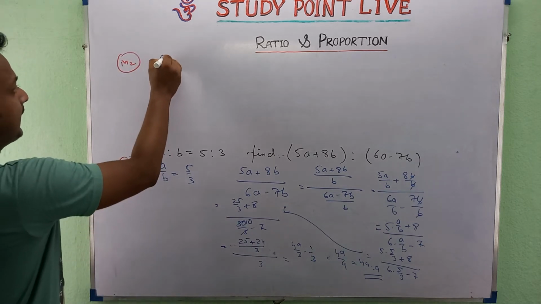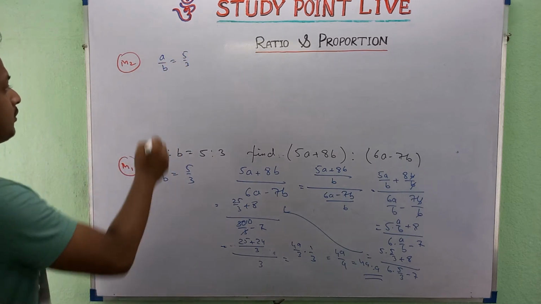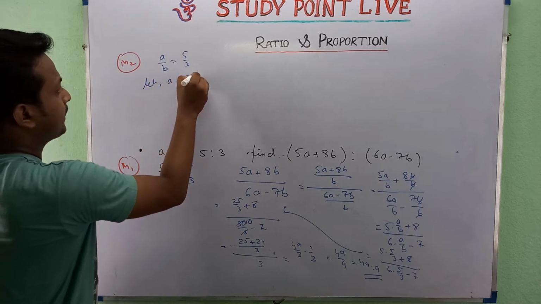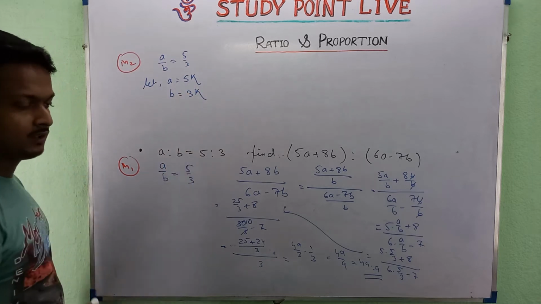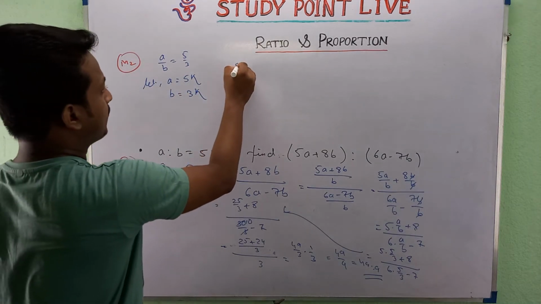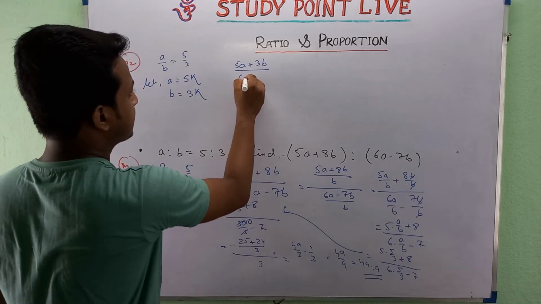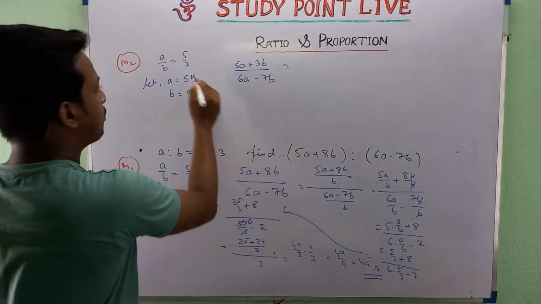See, a by b is equal to 5 by 3. So this is the ratio. So we can say that let a is equal to 5k and b is equal to 3k. Now what we have to find is 5a plus 3b by 6a minus 7b. Okay, you just simply put the value.